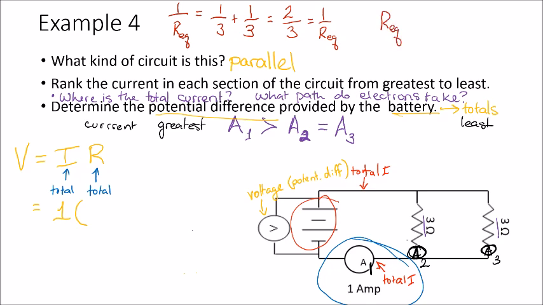The equivalent resistance equals 3 over 2 instead, but physics prefers decimals to fractions, so let's turn that into a decimal. So our equivalent resistance, or our total resistance, is 1.5 ohms. 1 times 1.5 is 1.5. And we just found the voltage, or the potential difference, so our unit is volts.